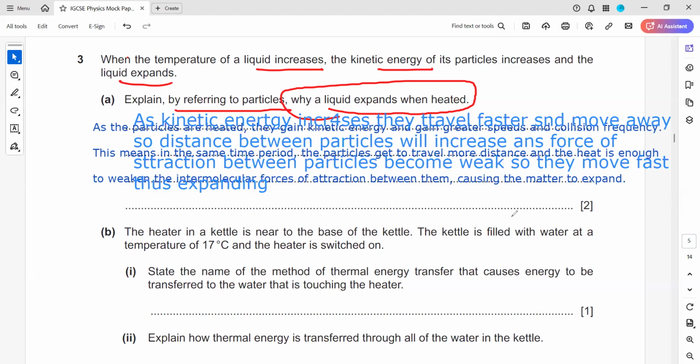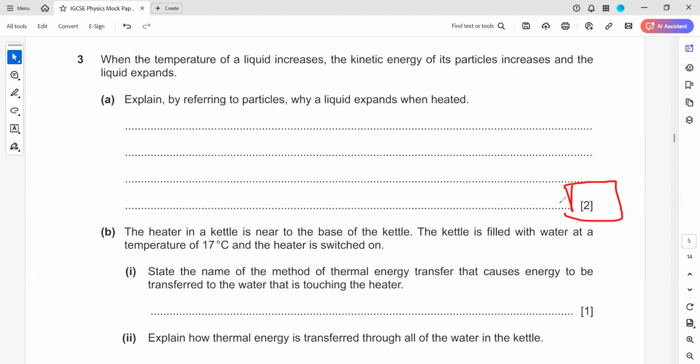I'm not saying the answer is wrong for the students who annotated. I'm just saying the precise points you should refer to here, because they already mention that the temperature of the liquid increases and the kinetic energy of the particles increases. So this does not earn any marks.